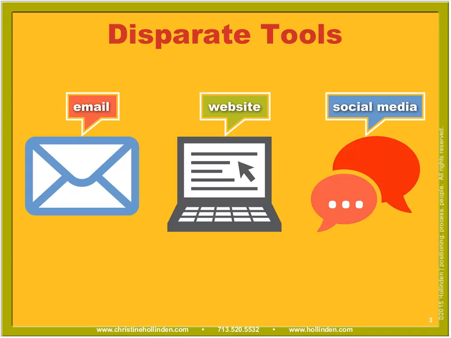Then there's social media. Think of the different channels that you might be using, such as LinkedIn, Facebook, Twitter, Google+, YouTube, Pinterest, Instagram, and the list goes on. Think about the early years of social media. Some of you may still be implementing a manual social media process, jumping from social media platform to social media platform in order to make posts.